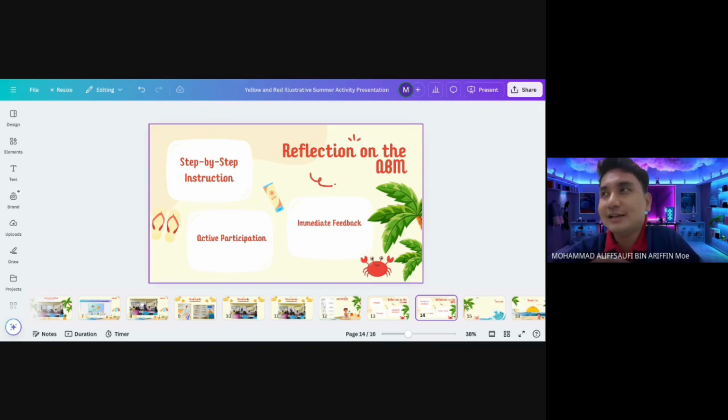Okay, I also plan group activities where they can have a friendly team fight with each other to enhance their social skills. And the next one would be balance repetition with efficiency. While repetition is crucial for reinforcement, I will aim to streamline tasks by setting clear time limits and providing concise instruction.